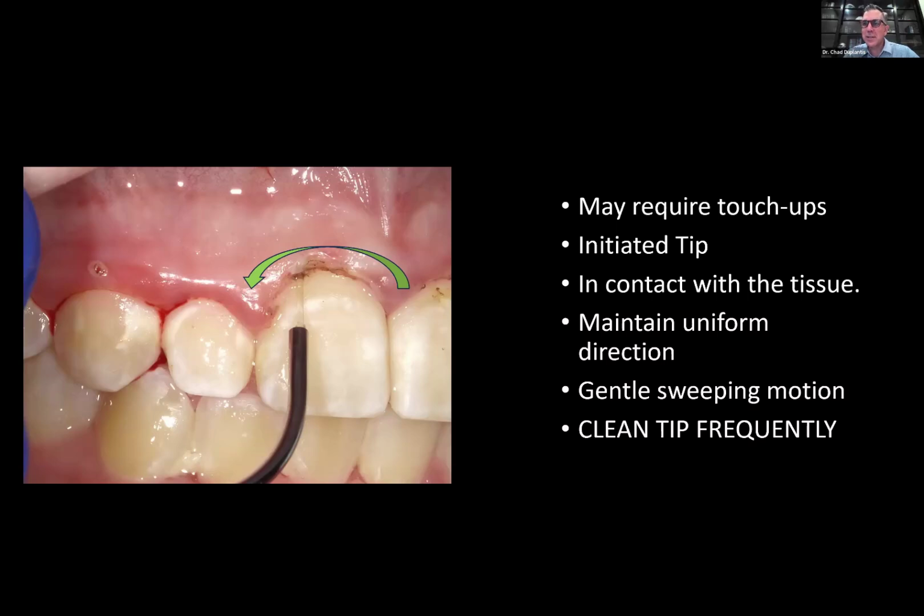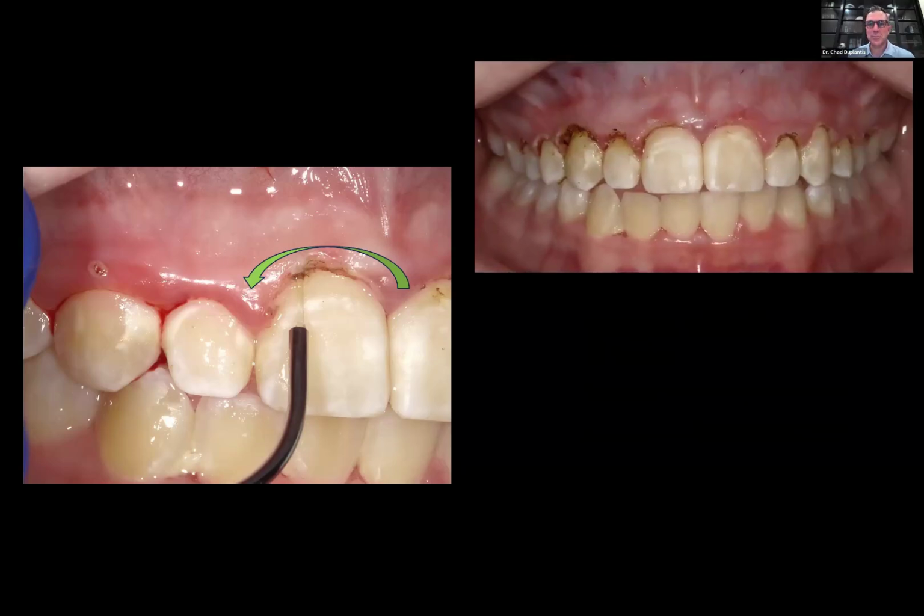So constantly have the assistant use a moist 2x2, removing the tissue off of that tip, and always look at the tip. If you've lost your char mark, it needs to be reinitiated. This is done with just a gentle sweeping motion, cleaning the tip frequently. I determine my direction, going towards the distal of the arch, and that's the direction I'm going to maintain. I'm just going to constantly sweep that tissue.